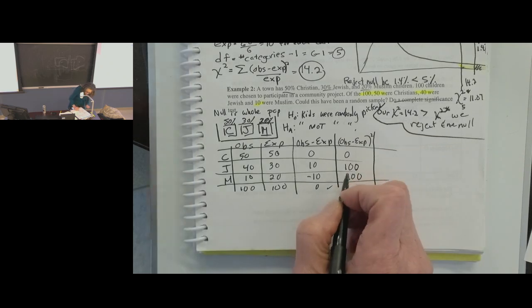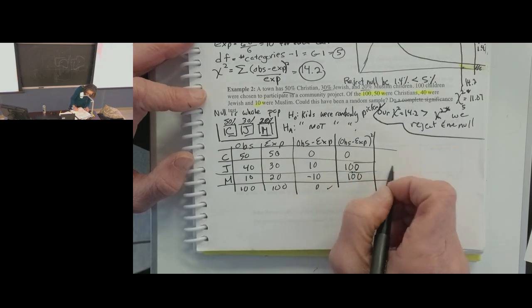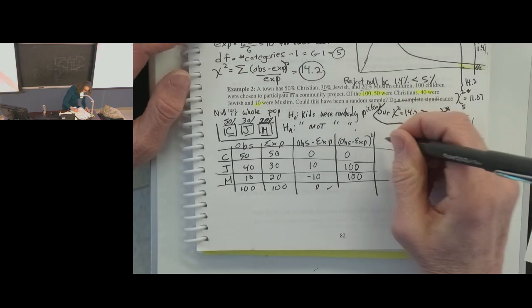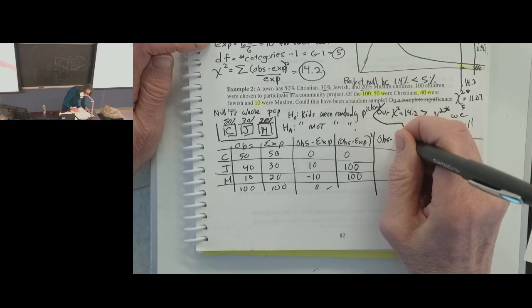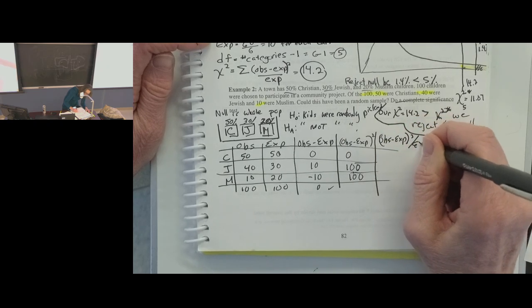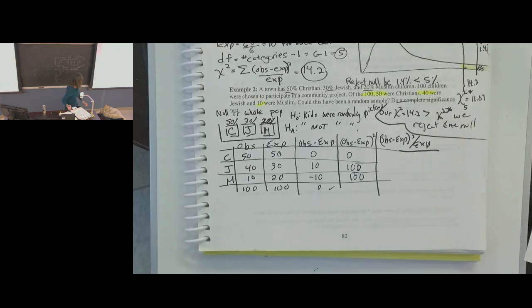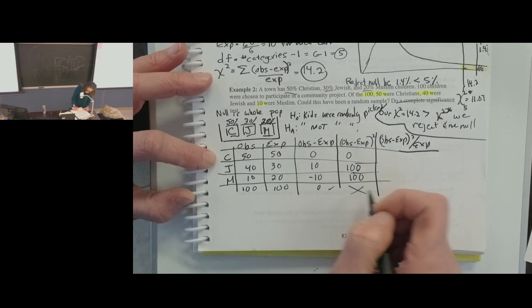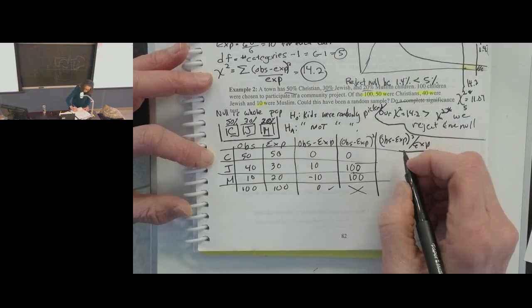Now be careful here. You don't want to total that. Why? Because the statistic that we're interested in is observed minus expected squared divided by the expecteds. And the expecteds are different, so you don't want to sum it.